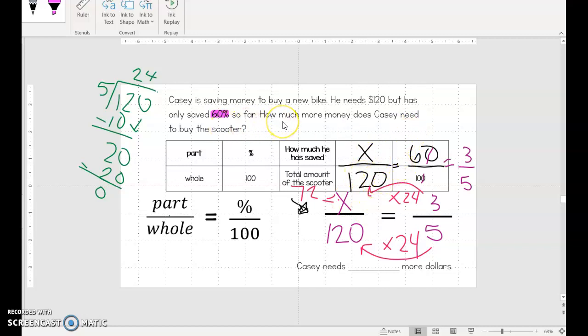This is asking me how much more money until I get to $120. I've only got 72. So I'm going to do a little bit more math. So 120 minus 72. Do a little bit of regrouping. 11 minus 7 is 4. So Casey needs $48 more in order to buy his scooter.